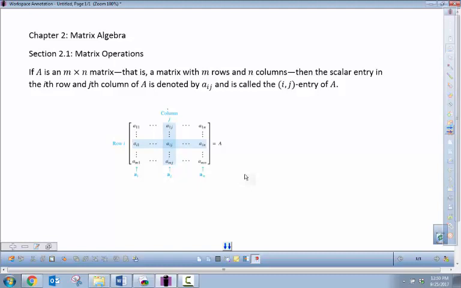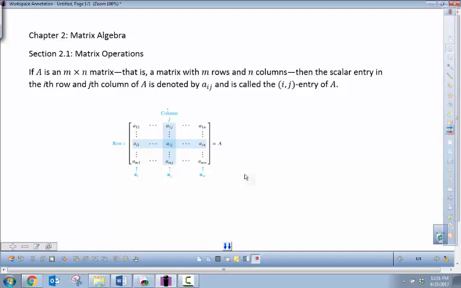So we're going to study some of the basic matrix operations in this first section, and then continue on with some more important properties of matrices throughout the rest of the chapter. But first we have to get used to some of the language and notation, some of the basic vocabulary, I guess.